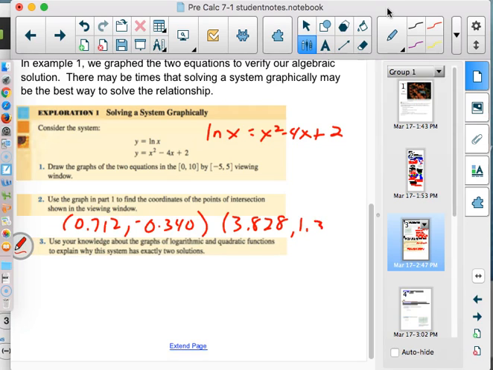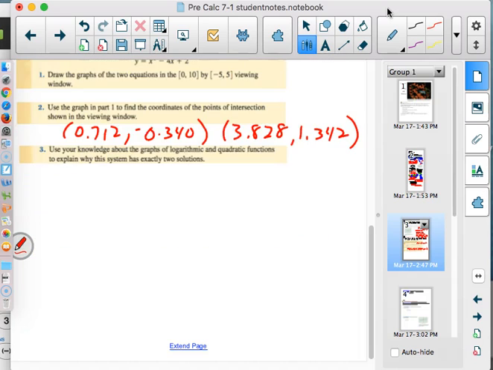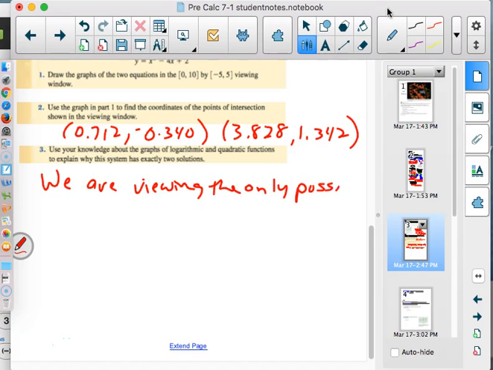Good thing I put the glasses on. There we go. And like we said, we are viewing the only possible solutions.